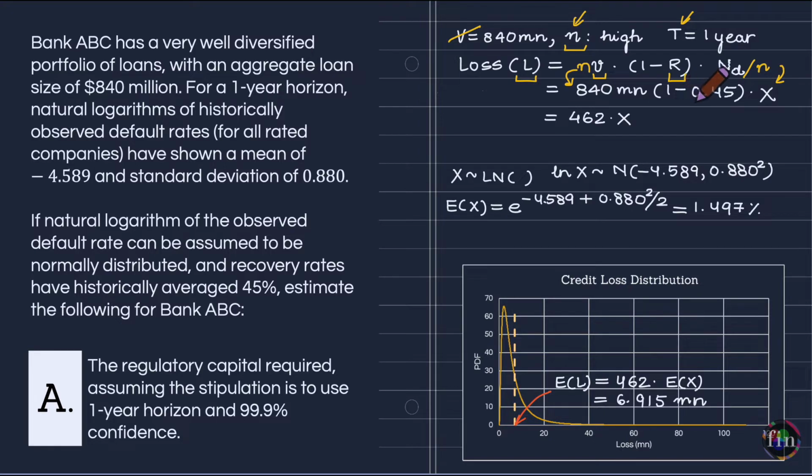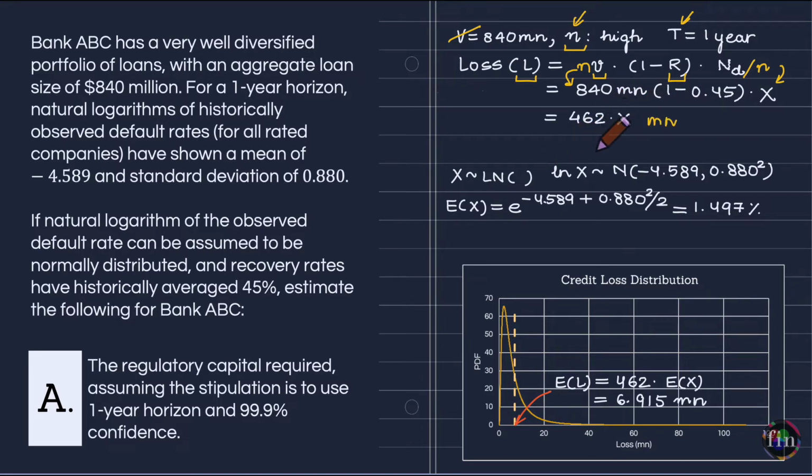In the question, it's given to us that historically speaking, an average recovery rate is 45%, and therefore substituting the value of R and simplifying this expression tells me that the total loss is actually 462 times X $1,000,000.